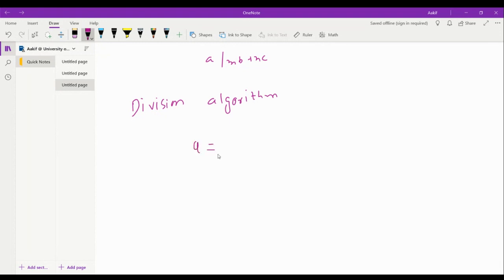A is equal to D times Q plus R, and R will range from 0 to D, so it will be less than D, a value between 0 and D. And this part is called the dividend.